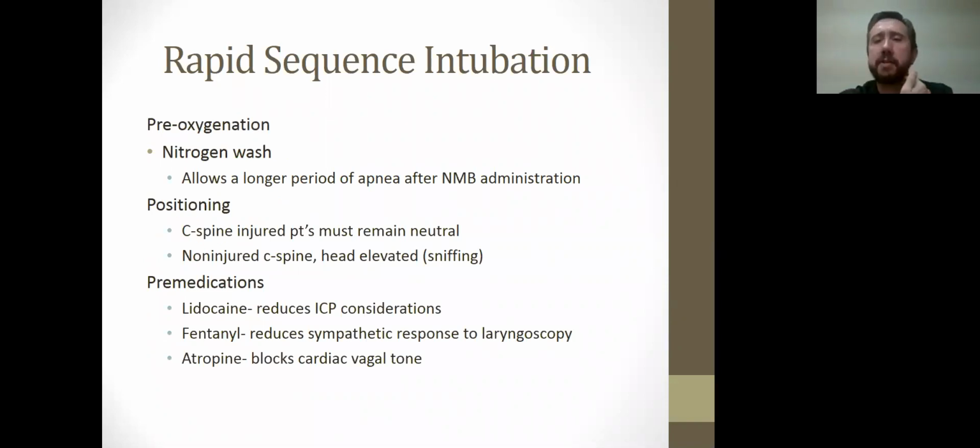So pre-oxygenation. Okay, you want to remember, when we think about the partial pressures of gases, that nitrogen is 79% of the atmosphere, and we'll talk about that in our flight physiology discussion. Nitrogen is greater in the ambient air than oxygen, so we're going to want to use a high-flow non-rebreather mask for approximately 3 to 5 minutes to get that nitrogen washout.